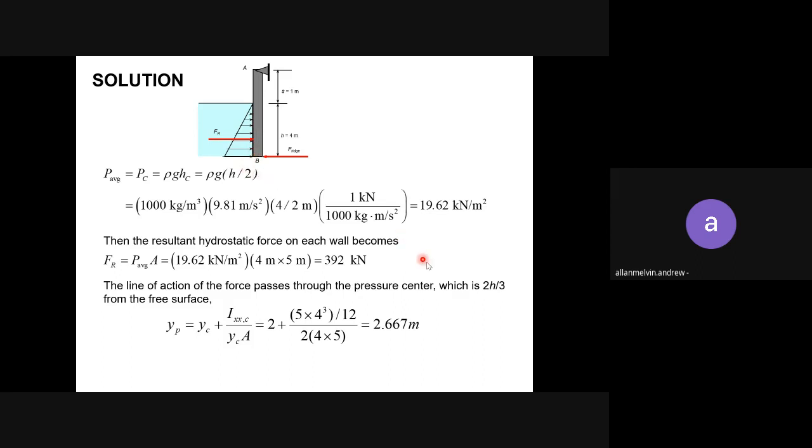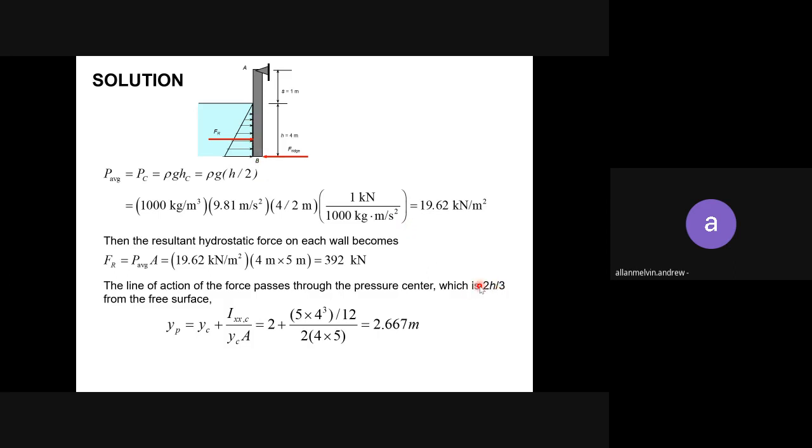This one is not the standard 2h over 3, but we can assume that from year to year, the FR is acting at 2 over 3h.